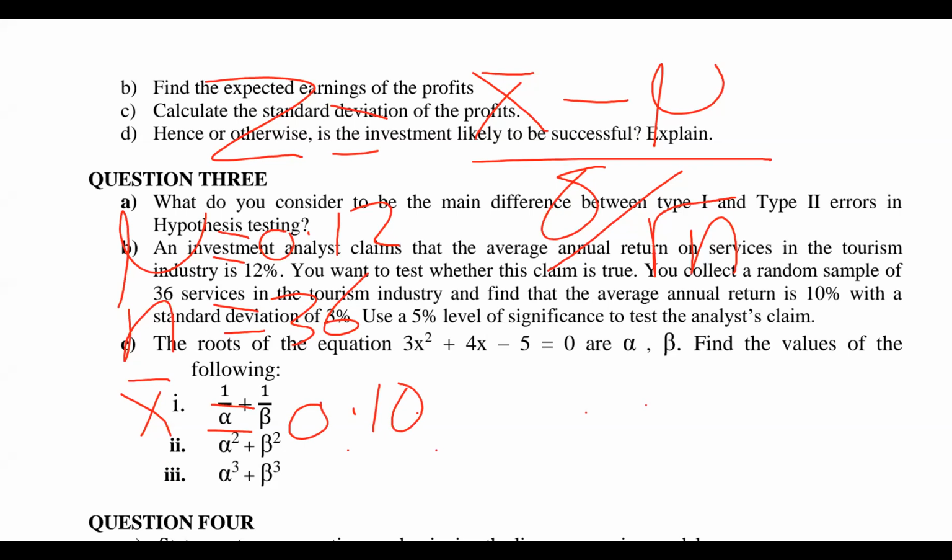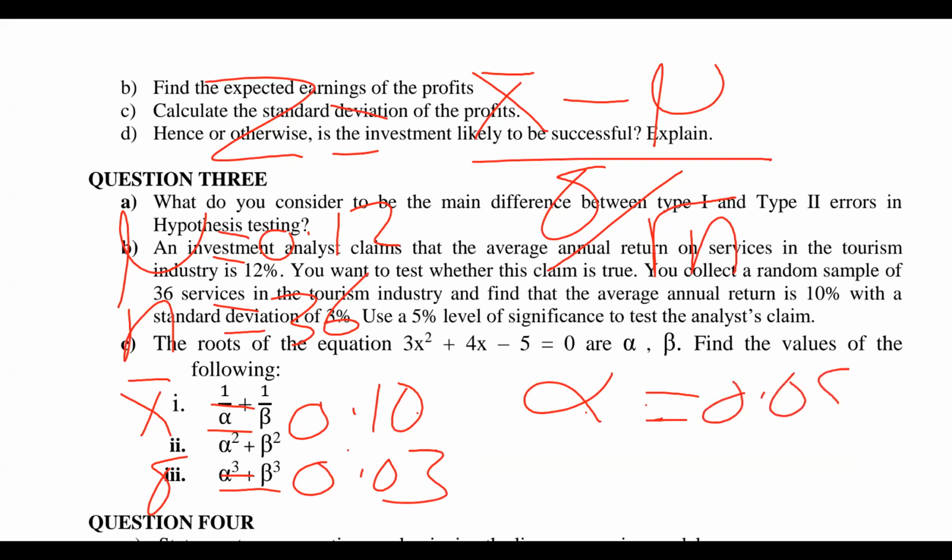Then our sigma, the standard deviation, is 0.03, right? 3%. Then what else do we remain with? Alpha, our level of significance. Alpha is 5%, which is 0.05. Clear?